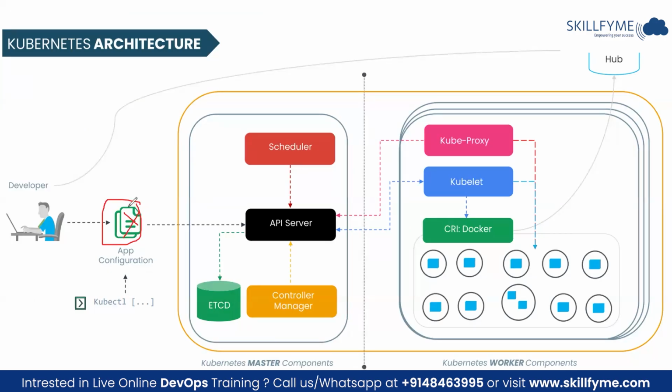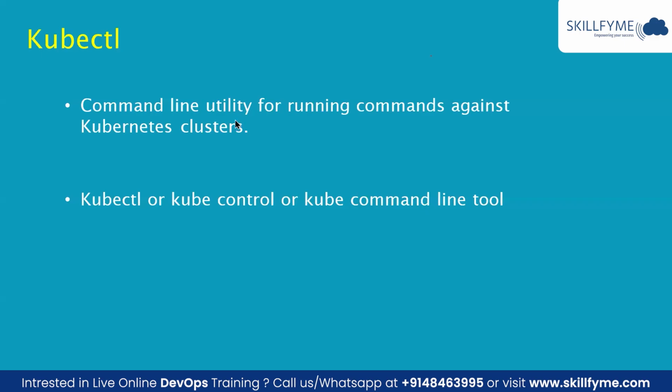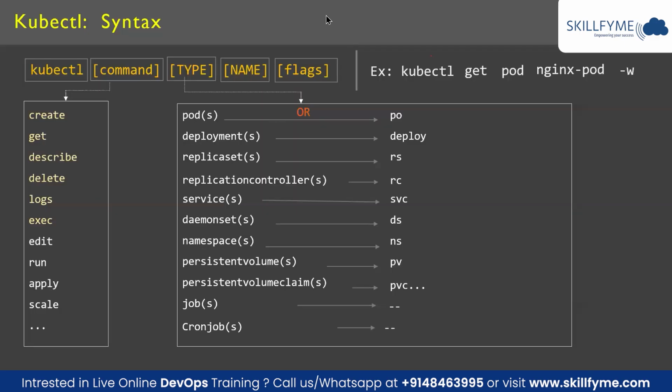So whether you interact through your manifest file or through an ad hoc command, in both cases we use kubectl. How does kubectl work, and what commands can it support for Kubernetes? Ultimately it is a command line utility, and you can understand the commands it supports from the syntax here. kubectl is a utility through which we run Kubernetes commands.